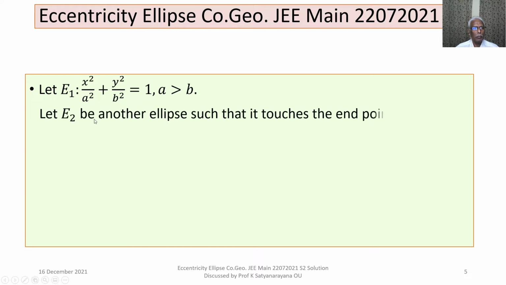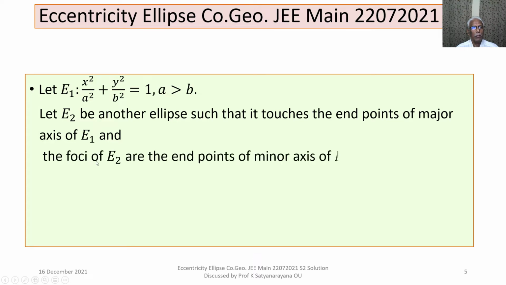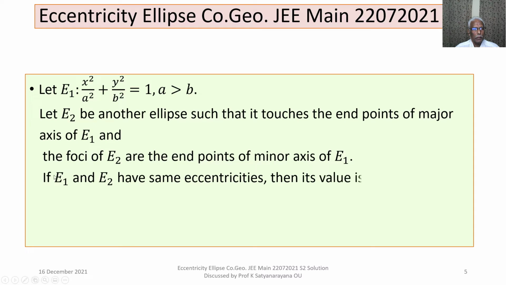Let E2 be another ellipse such that it touches the endpoints of the major axis of E1 and the foci of E2 are the endpoints of the minor axis of E1. If E1 and E2 have the same eccentricities, then its value is given by.